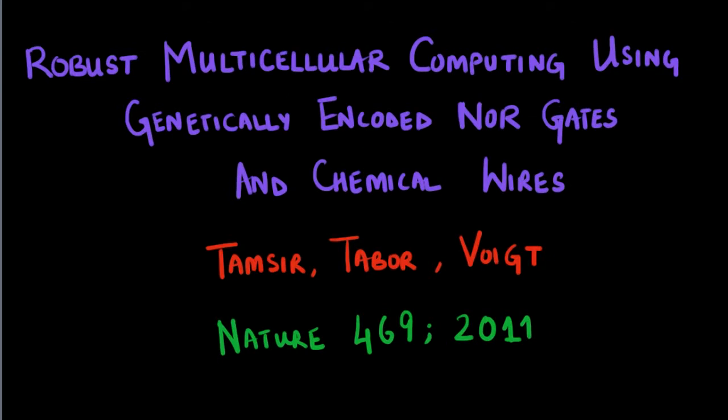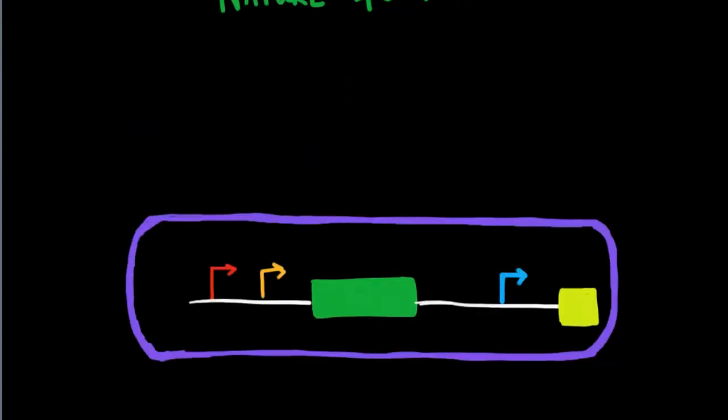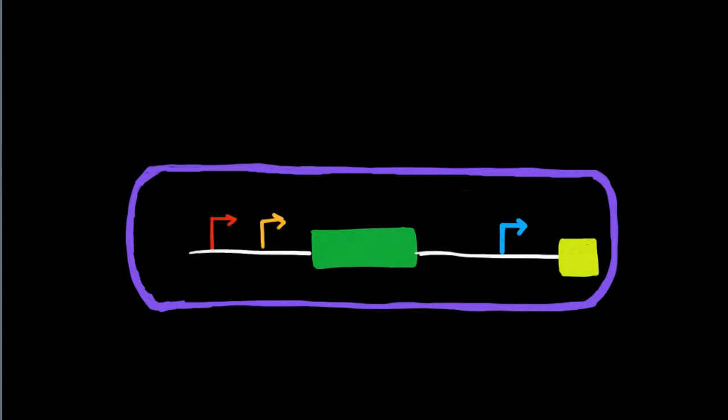Alright, so first they construct a simple NOR logic gate in an E. coli, and that is depicted right here. The purple bordered thing is an E. coli, and they have two tandem promoters that function as input to drive the transcription of a repressor.